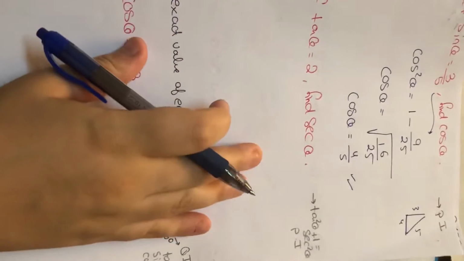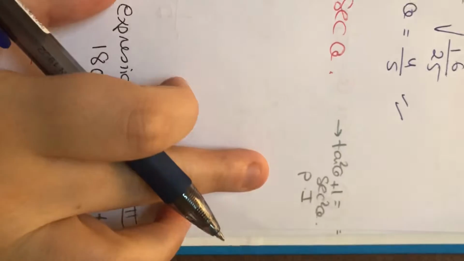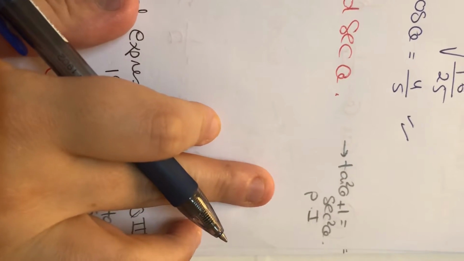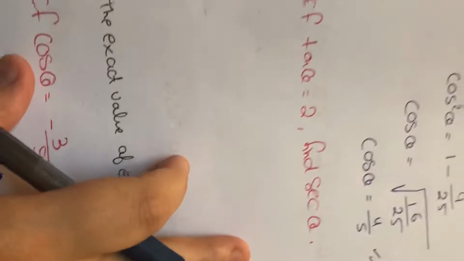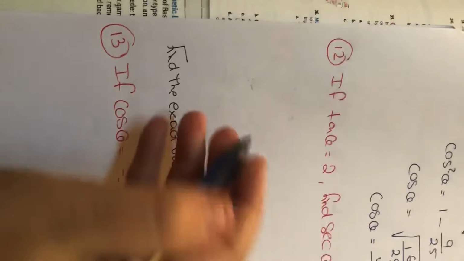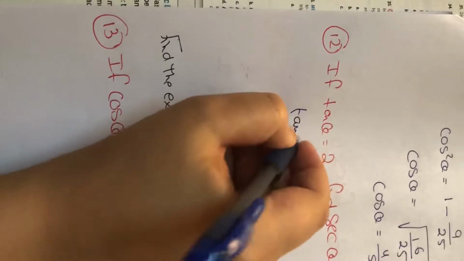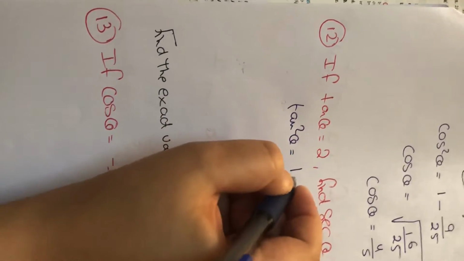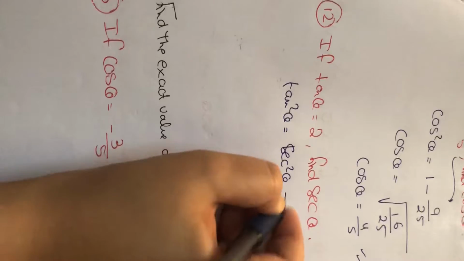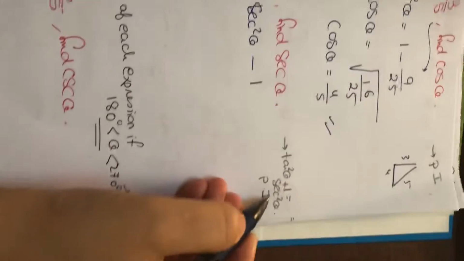Regarding tan and sec, I have a very lovely Pythagorean identity that says tan squared plus 1 equals sec squared. This is the easiest way to do this, and there's no other way, by the way. Okay? I know that tan squared theta is equal to sec squared theta minus 1, because in the identity it is plus 1.